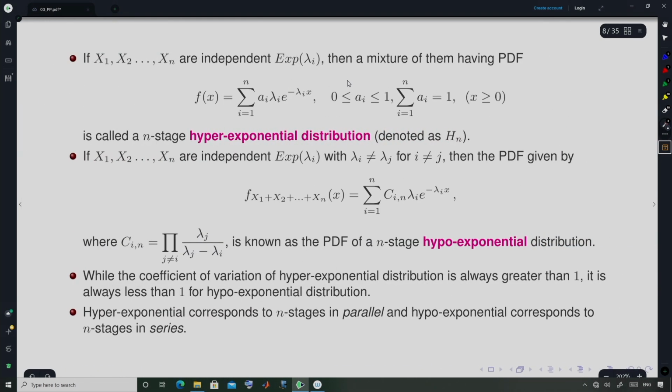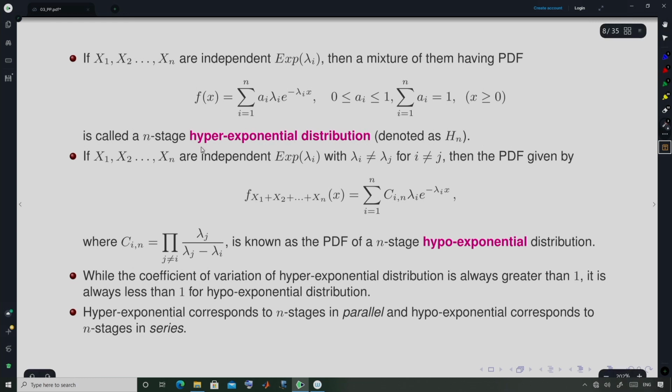Now, the coefficient of variation of the hyper exponential is always greater than 1, one can show, and it is always less than 1 for a hypo exponential, whereas it is exactly equal to 1 for an exponential distribution. So whenever you have a model where this is exhibited, you can think of which distribution to pick from the family related to exponentials.